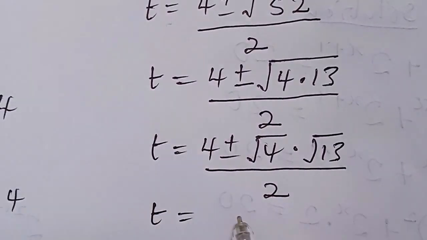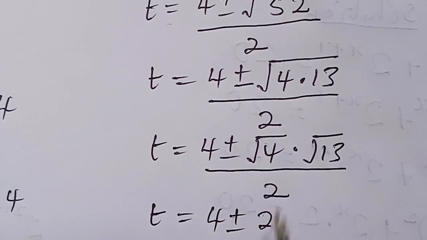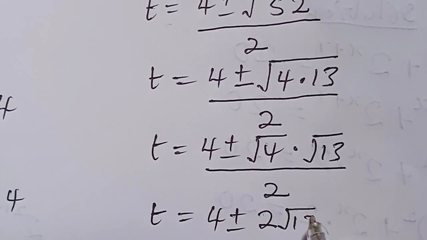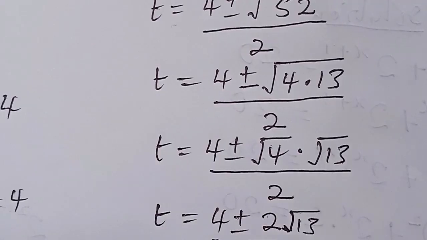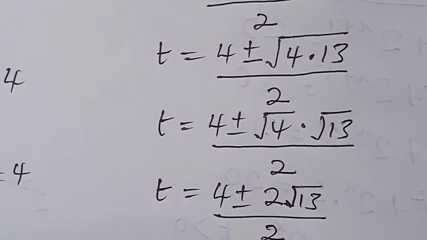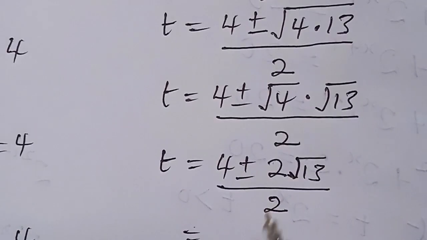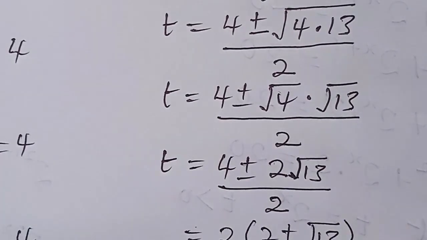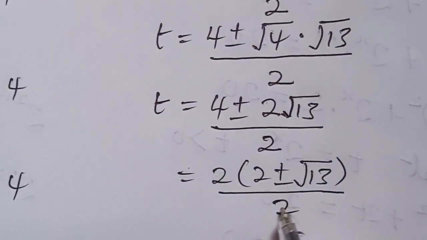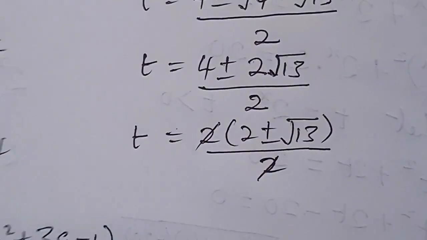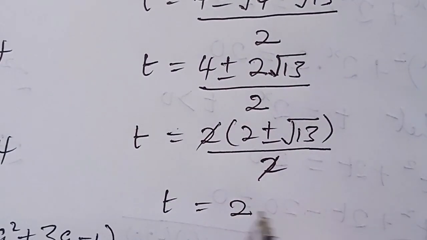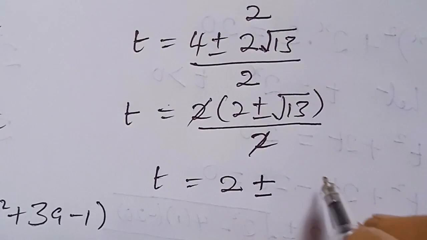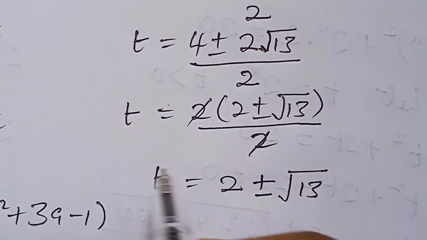This gives us t equal to 4 plus or minus 2 square root of 13, everything over 2. Let's factor out 2 from the numerator. We have 2(2 plus or minus the square root of 13) over 2. The 2 cancel out. Then we have t equal to 2 plus or minus the square root of 13.